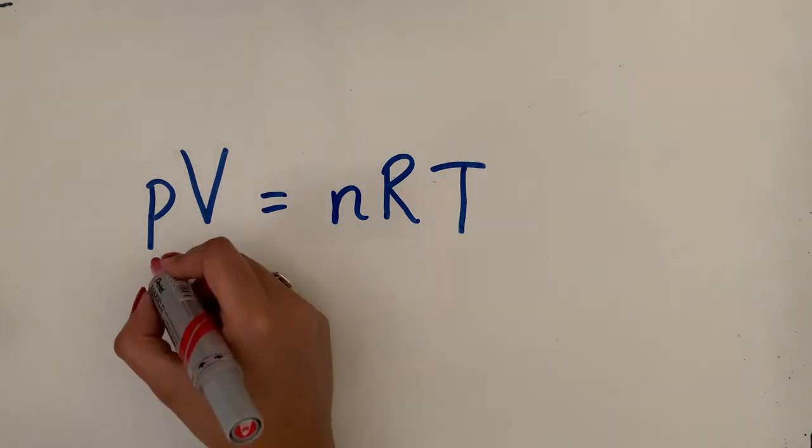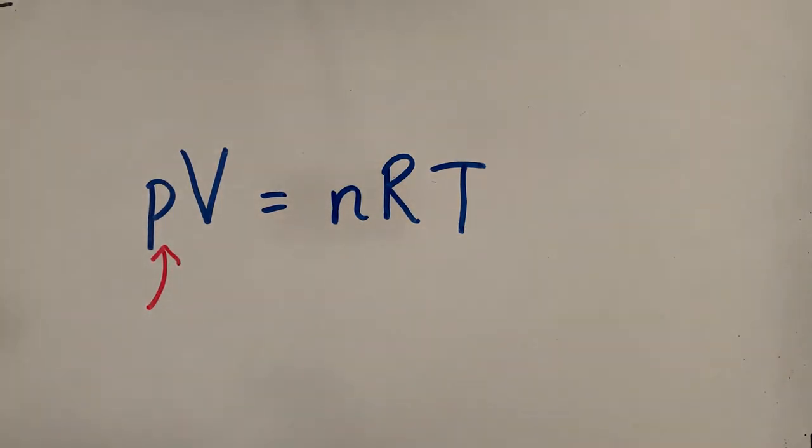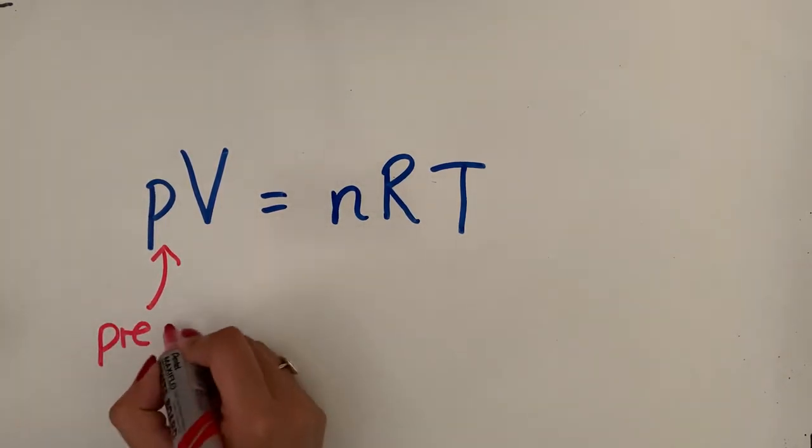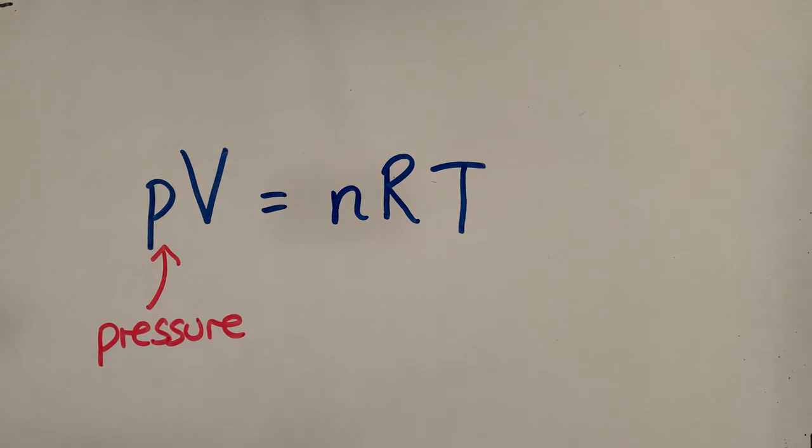The lowercase p stands for the pressure of the gas, and the gas pressure must be in pascals, which are given the symbol capital P lowercase a. I'm going to cover in a few seconds how to convert between various units, but for now, that should be in pascals.